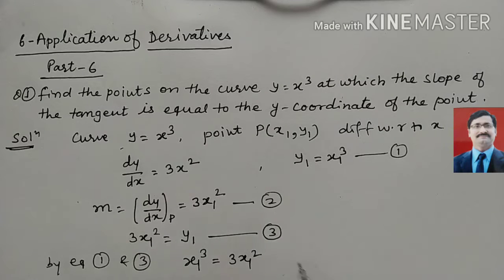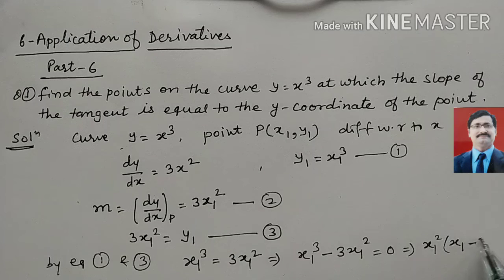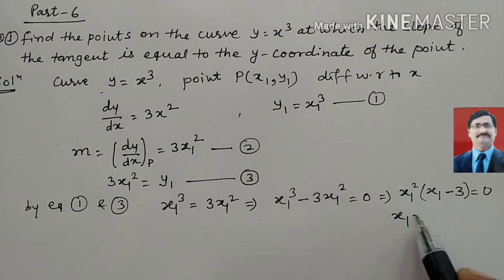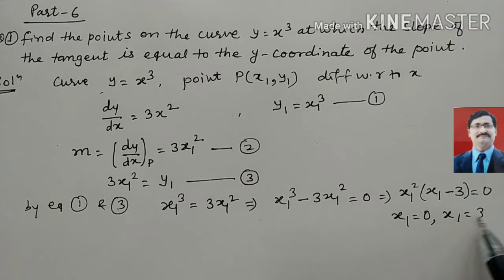These we will equate. Now we can transfer terms and we get x1 power 3 minus 3x1 square equal to 0, and this implies we can take x1 power 2 common, and we get x1 square times x1 minus 3 equal to 0. Now one point we get x1 equal to 0, and the second point we get x1 equal to 3.